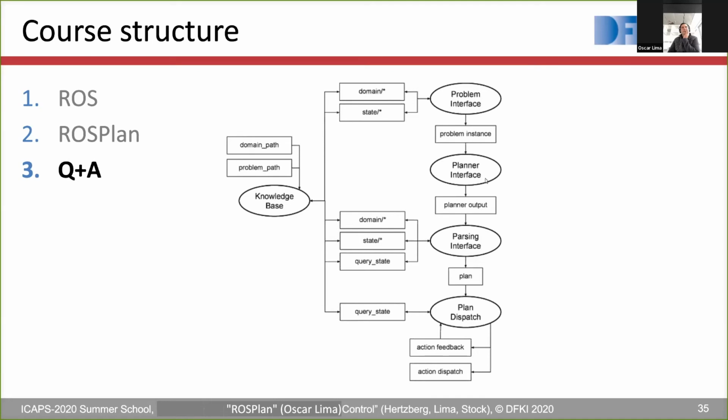And then after you generate the problem, you call the planner to produce a plan. And then after you have produced a plan, you will convert this plan into some representation that is suitable for execution. And then finally, you will just dispatch the actions in the plan to the robot. So this will be the basic workflow, let's say.